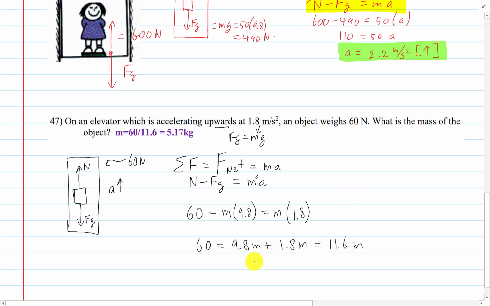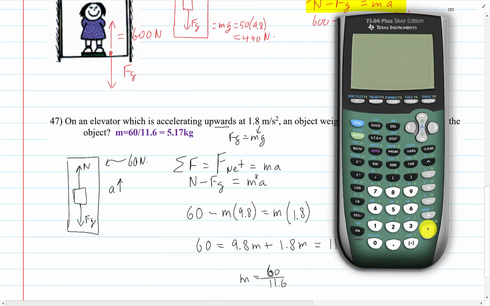So that means m is going to equal 60 divided by 11.6. And according to Mr. Calculator, 60 divided by 11.6 is 5.172.